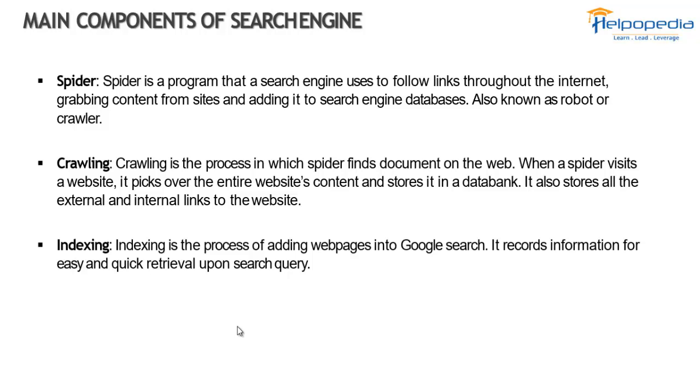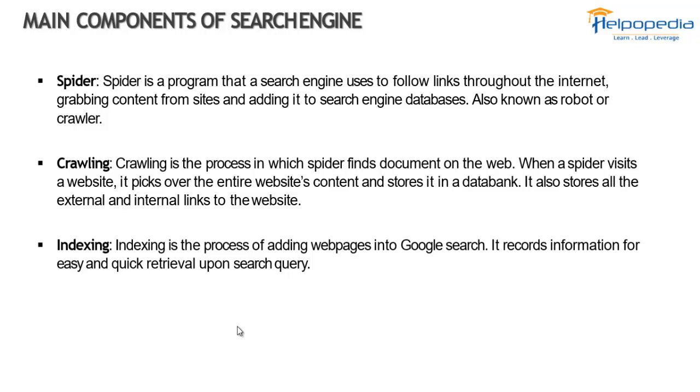And then the indexing process starts. Indexing is the process of ordering all the content which is collected in a particular order, so that it is relevant to the quality of the search that people are doing on the internet.